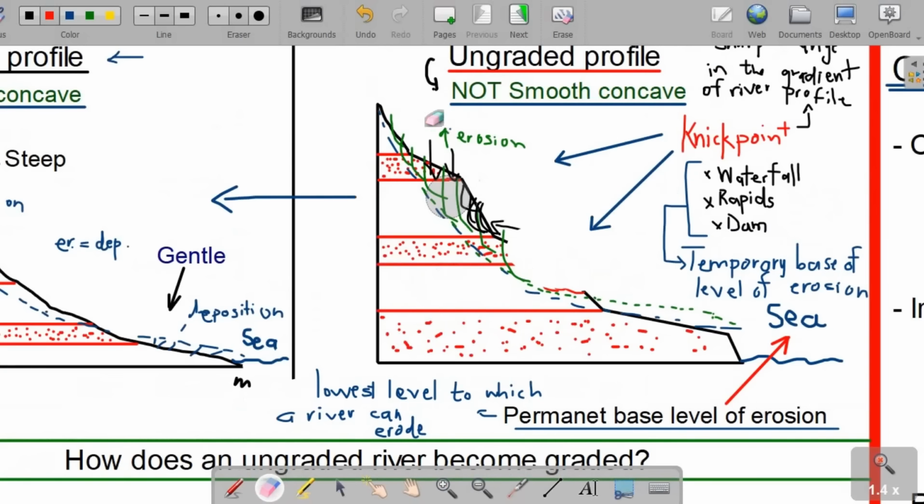And in the upper course, of course, we want downward erosion, where we erode going downwards like that. Now you can see that this is becoming more concave. Headward erosion and that downward or vertical erosion will help remove all of this material, and then this material will be deposited.